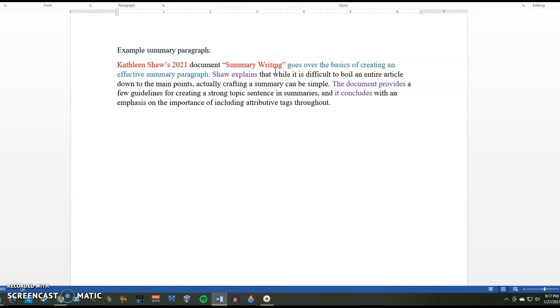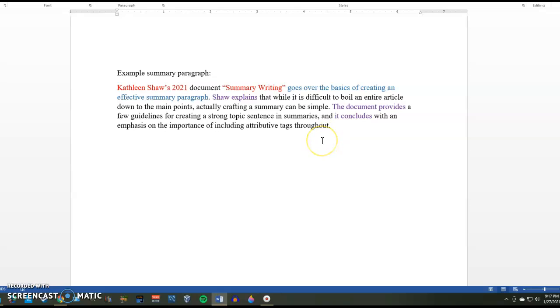So I've got like five attributive tags in a three-sentence paragraph. And when you read it out loud, all it sounds like is a summary. So don't be afraid of attributive tags as long as you mix it up. So obviously you wouldn't want to say Shaw explains, Shaw documents, Shaw concludes, because that gets a little bit old. Mix it up though, and you're good to go.